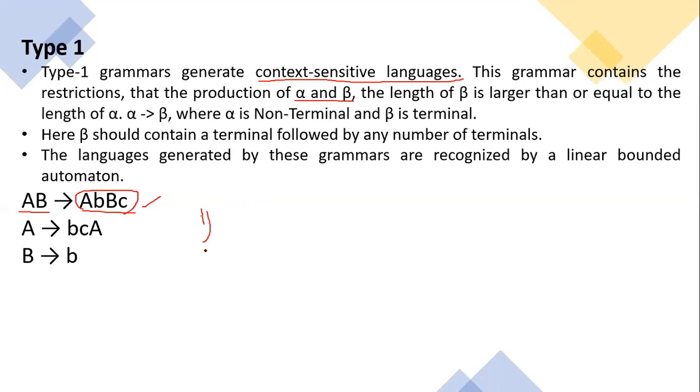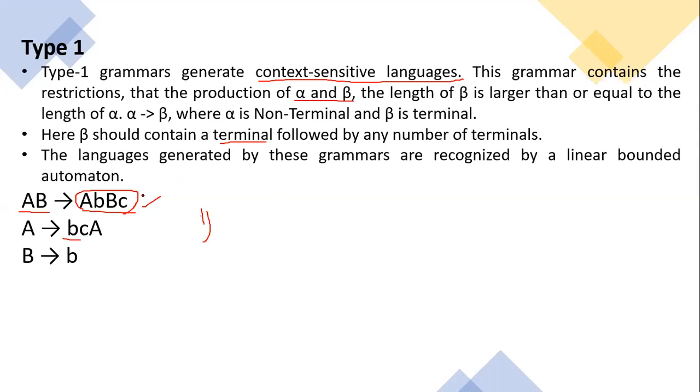And the next condition is that beta should contain a terminal followed by any number of terminals. Here the grammar should have a terminal.